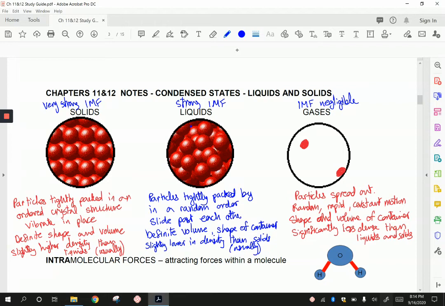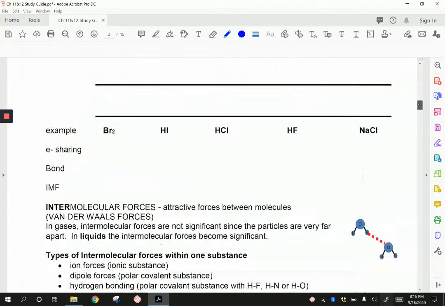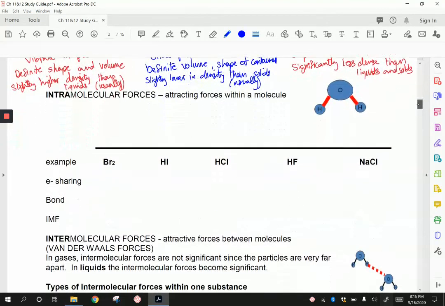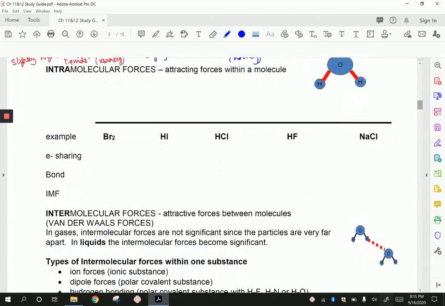So now that we're talking about solids and liquids, it is a big deal that we discuss these intermolecular forces because they affect a lot of different properties in solids and liquids. So remember that we have intramolecular forces, also known as bonds. And those are the attracting forces within a molecule.